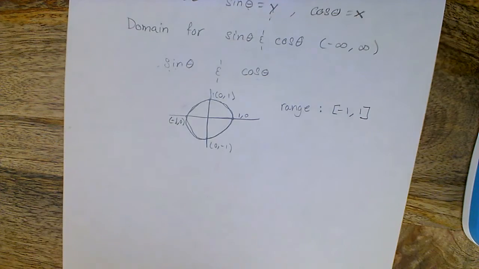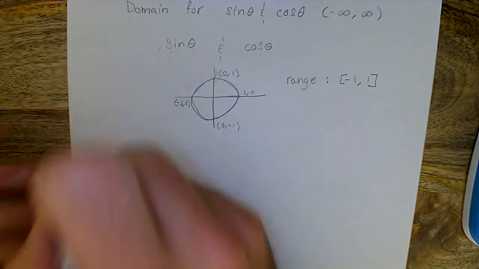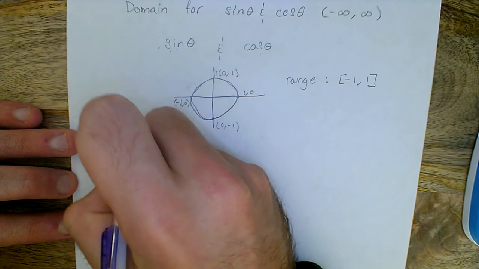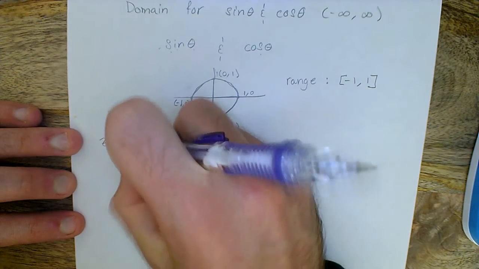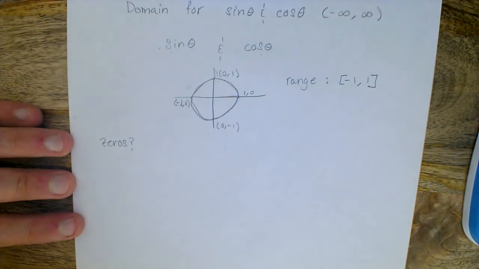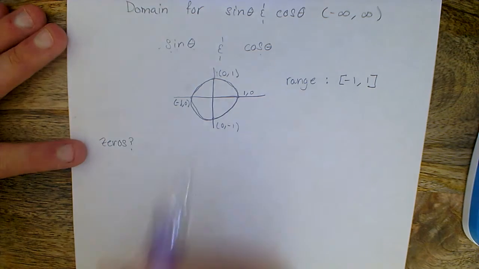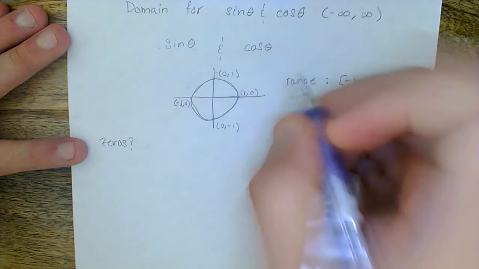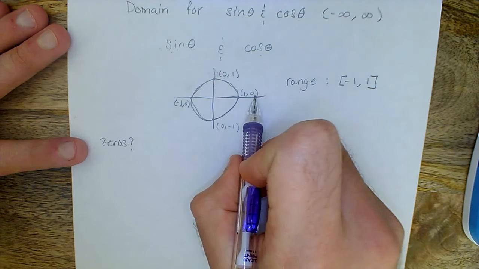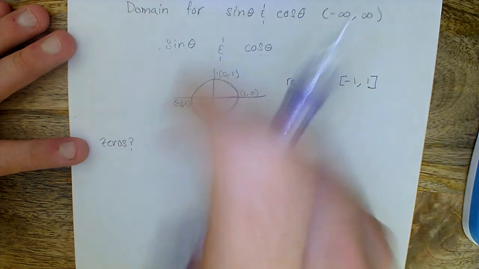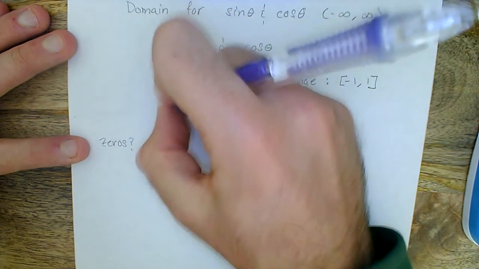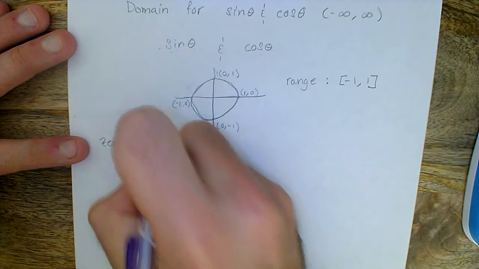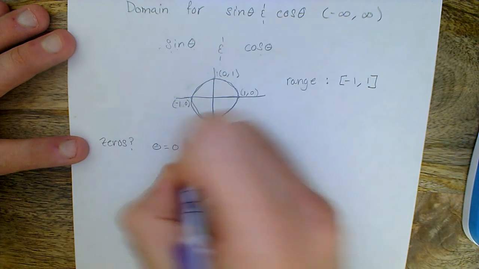Okay, so another thing we would always like to do is ask, where are the zeros? If I go back and look at my unit circle, to find the zeros of the sine function, I would look for the places where the y value is equal to 0. Right off the bat, you could say that theta equals 0.